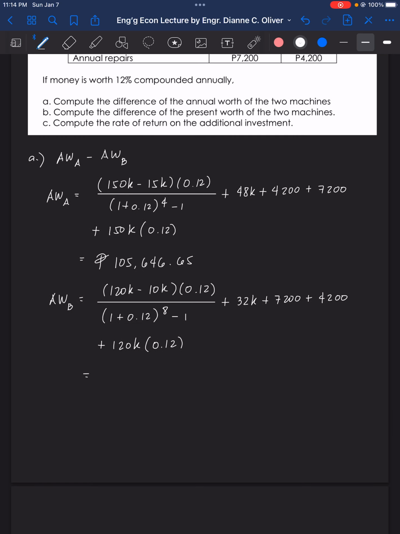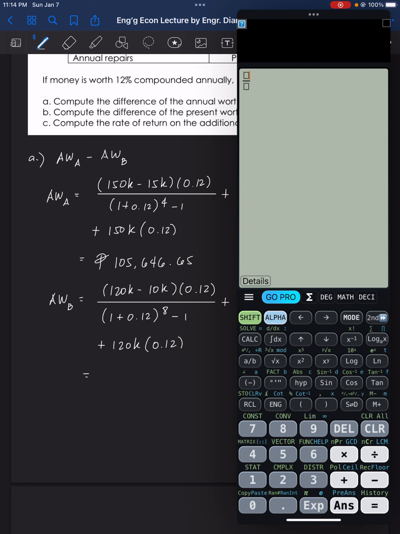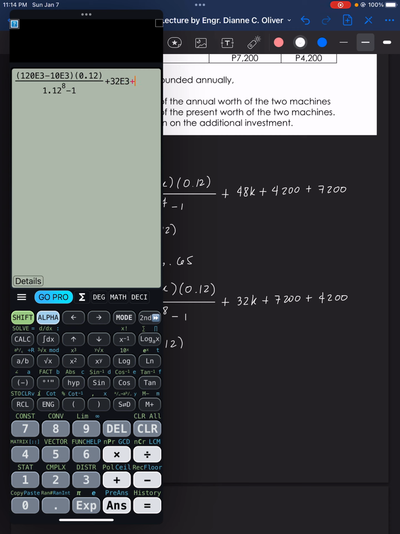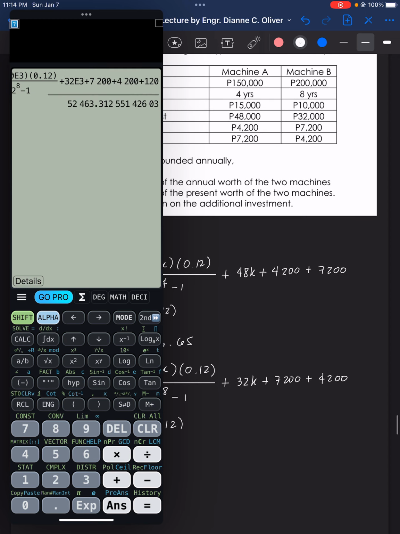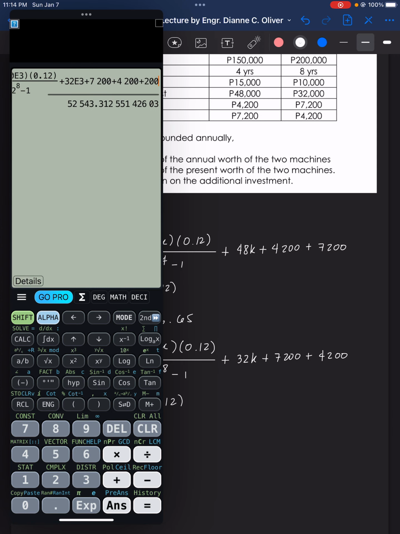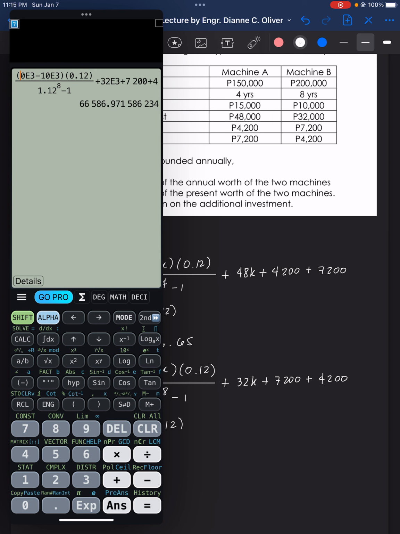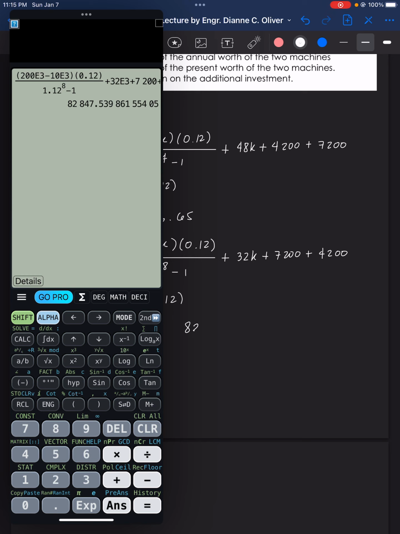So what's the annual worth of machine B? That will be 82,847.54 pesos.